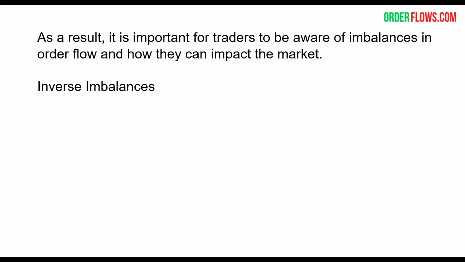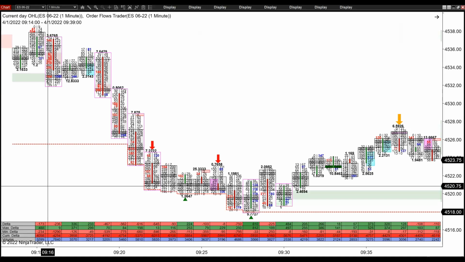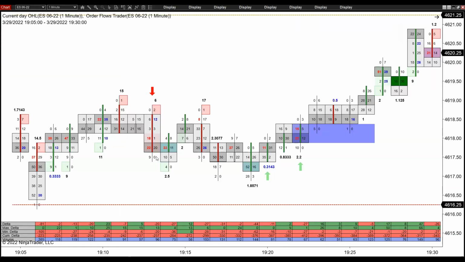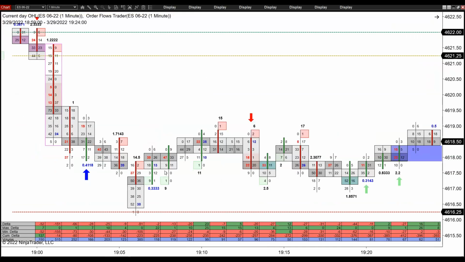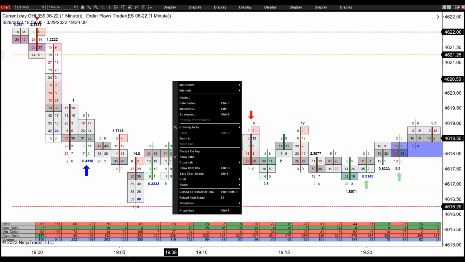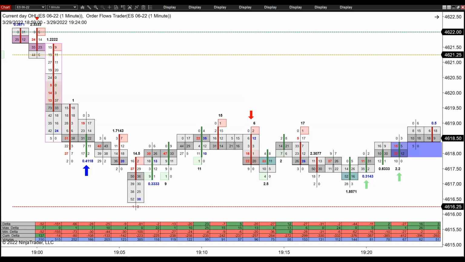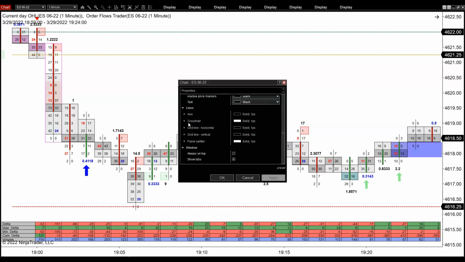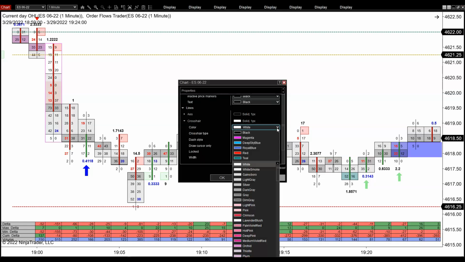So let's go back to the charts here. This is the 1 minute. Now, we're all familiar with what imbalances are, right? Inside the footprint, you're seeing red numbers or black numbers, and you're also seeing blue numbers.